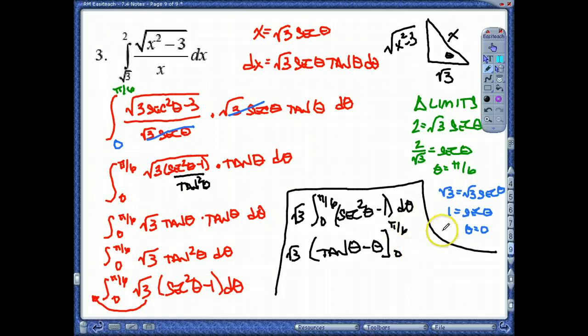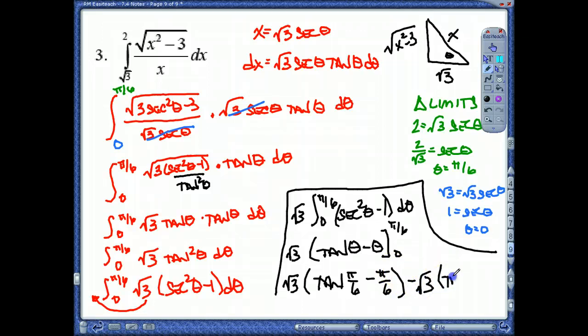Now we're going to take it on back. Then you're just going to plug everything in. Remember your first fundamental theorem of calculus. You're going to plug in pi over 6 for tangent of pi over 6 minus pi over 6, and then subtract plugging in the 0, tangent of 0 minus 0.